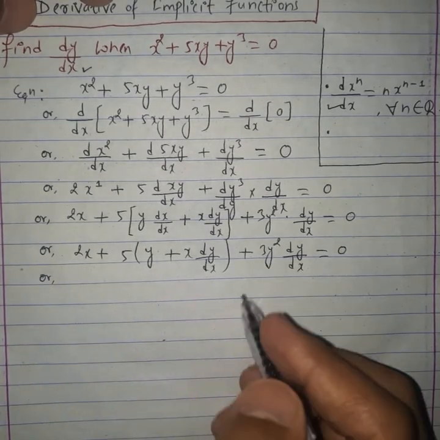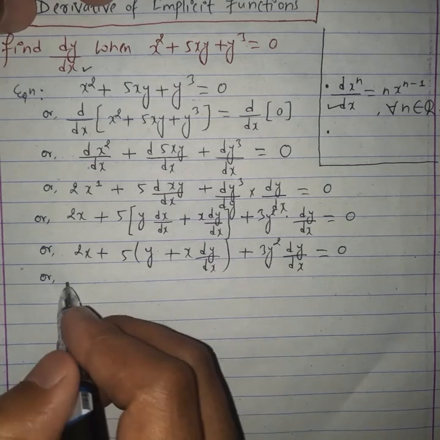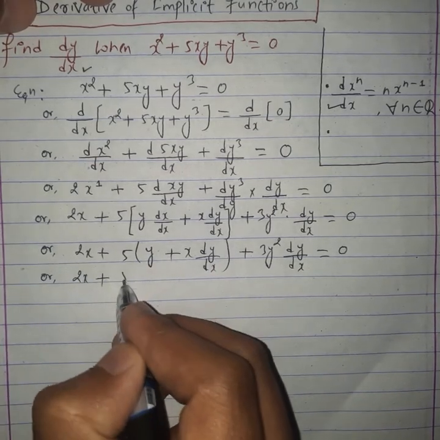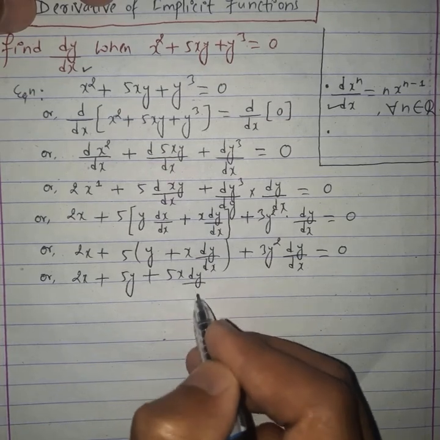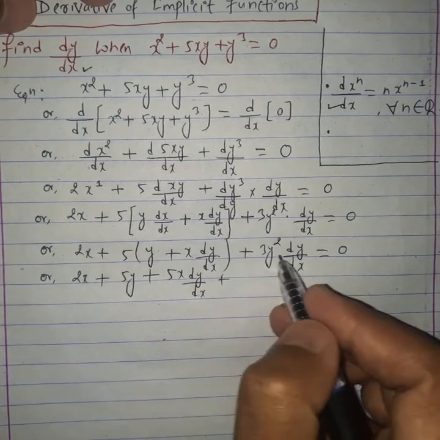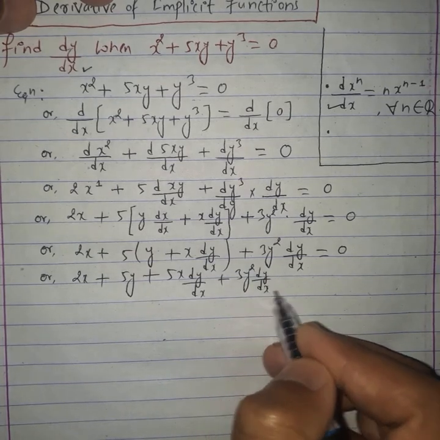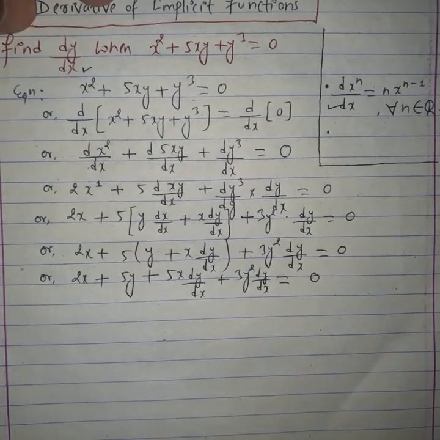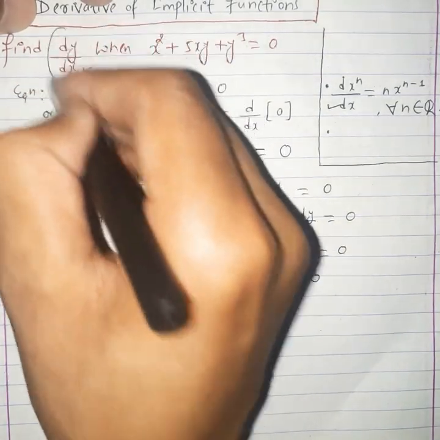This can be further simplified. Let's distribute this 5 among these two terms: 2x plus 5y plus 5x dy over dx plus 3y square dy over dx is equal to 0. Our target is to calculate dy over dx.